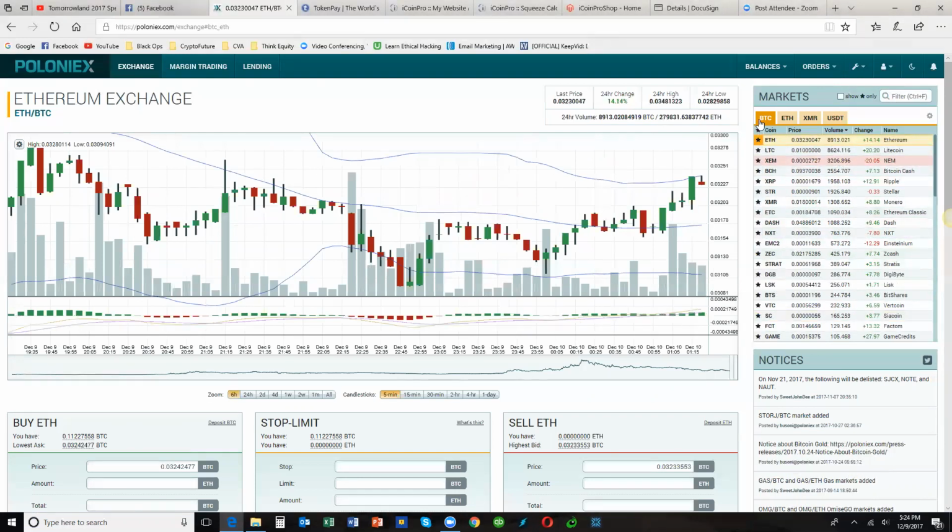On the BTC tab, it's how many Bitcoins are in the exchange for Ethereum, Litecoin, the NEM coin, Bitcoin Cash. The more coins in there, the more people buying and selling at the moment, so it's going to move faster.